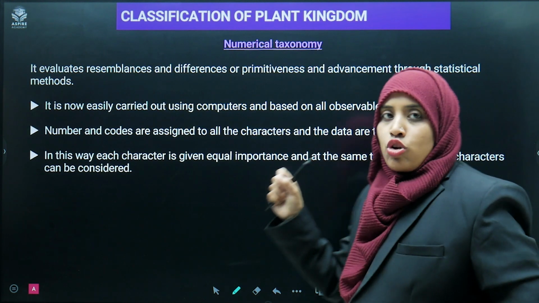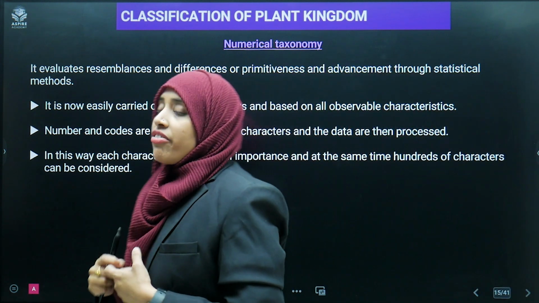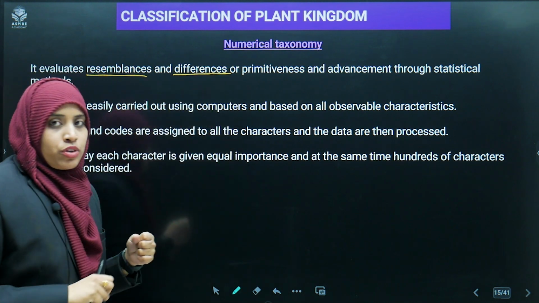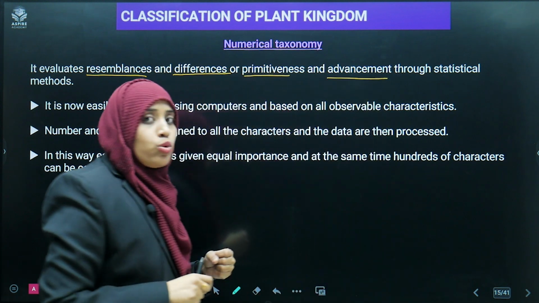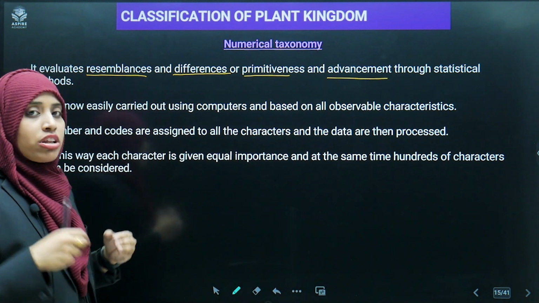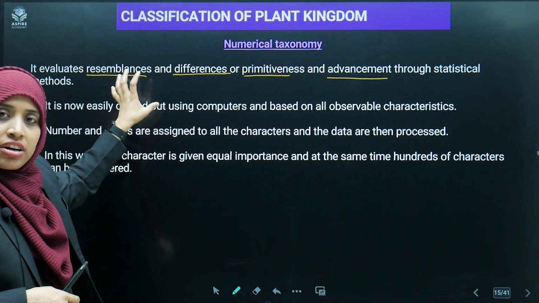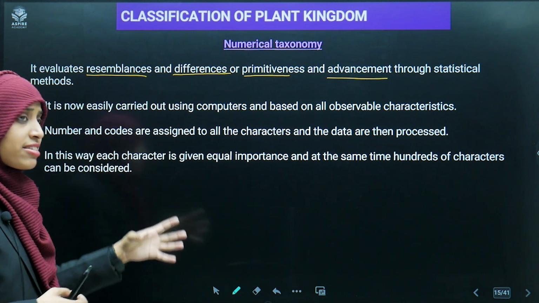So numerical taxonomy, as the name suggests, numerical, that means number. Okay, so it evaluates the resemblance and differences or primitiveness and advancement through statistical methods. Okay, so what are the different resemblances? किस तरह से organisms resemble कर रहे हैं? Differences क्या है उनमें?